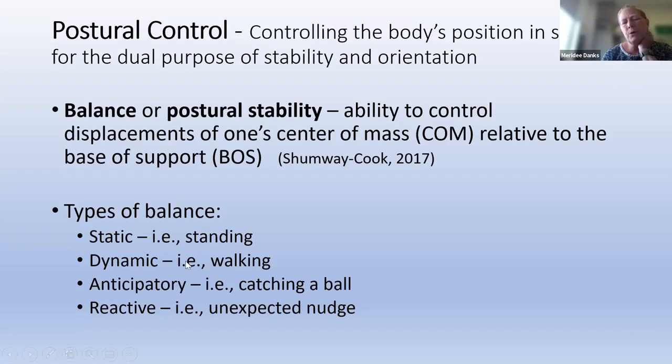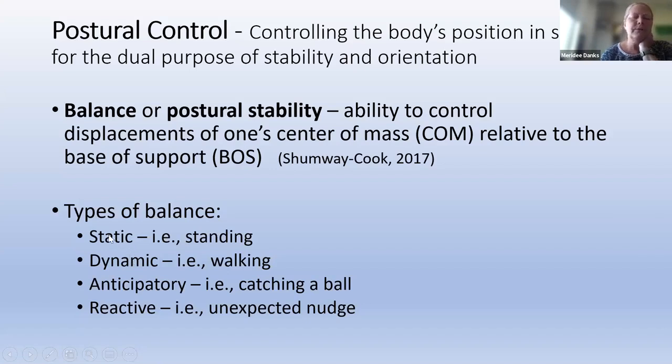Now, it's very important that when we look at assessing and treating balance, we look at all these component parts. If you assessed static balance, it doesn't mean that their dynamic balance is good. They could have good static balance and poor dynamic balance.